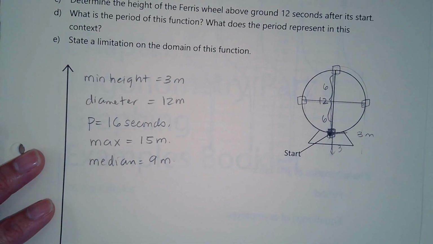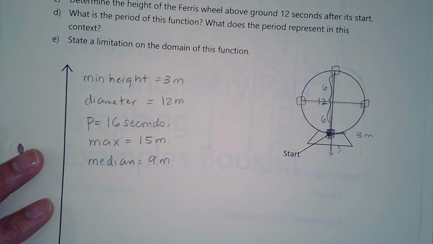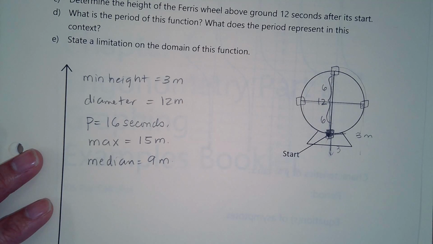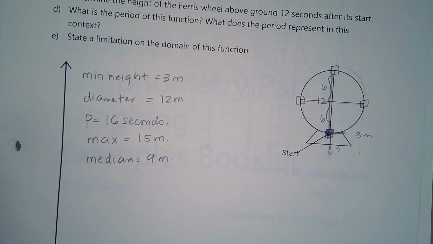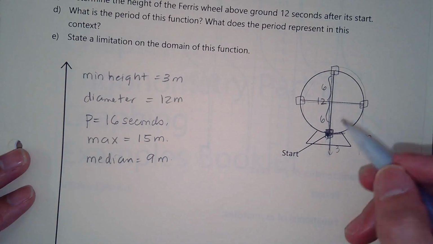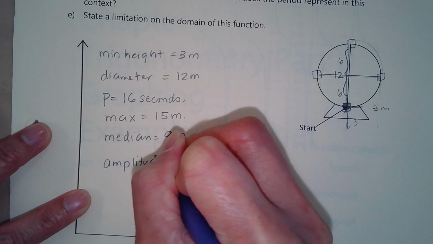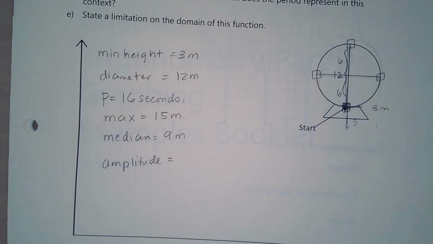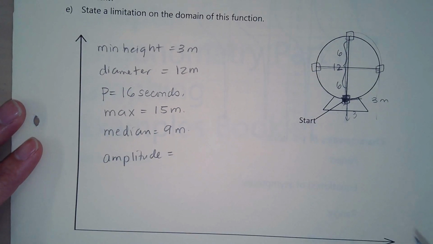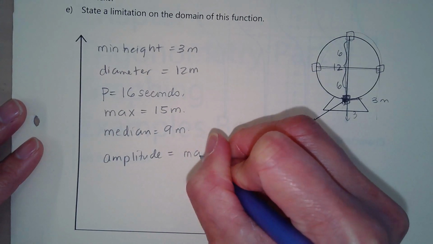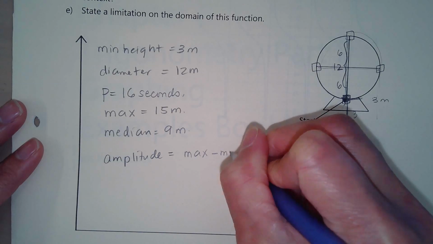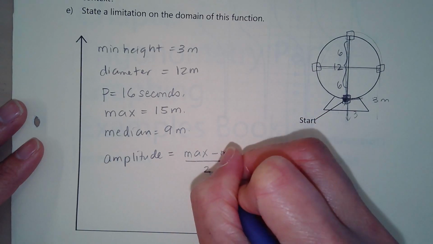What else? Do we know what the amplitude is? Amplitude. How did you figure that out? Amplitude is max minus min divided by 2.